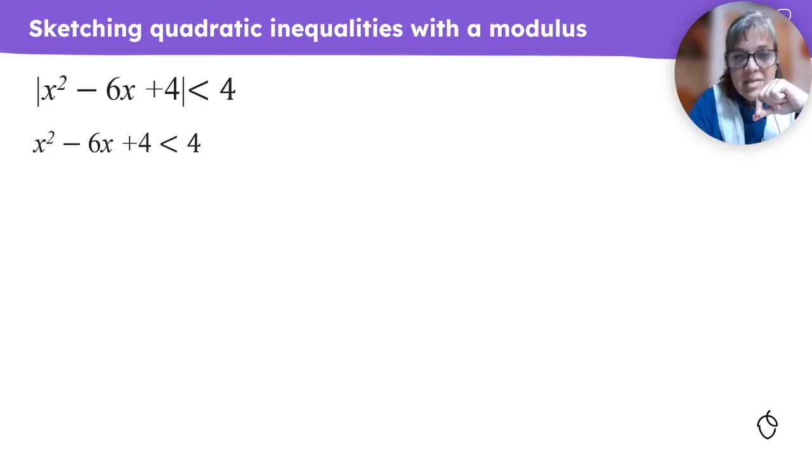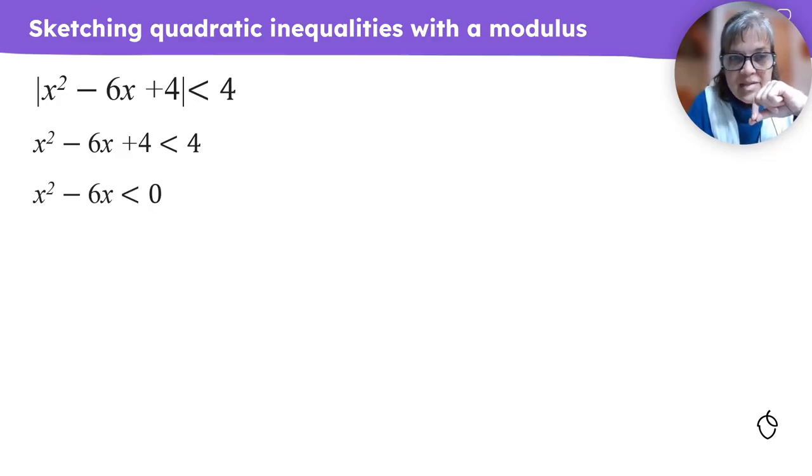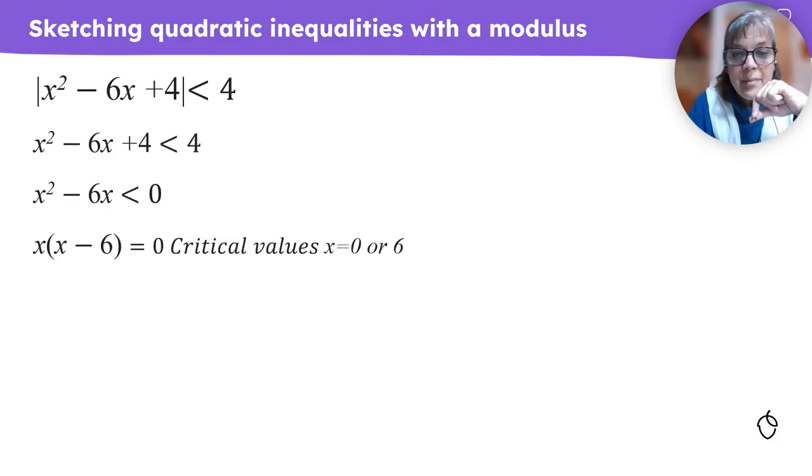So you have a positive version where that quadratic is less than 4. I solve that in the same way I've been solving other ones, where I try to factorize it, and I get my two critical values here are 0 or 6. And where would that curve be less than 0? It would be where x is between 0 and 6, because it's a positive curve, it's a smiling curve.